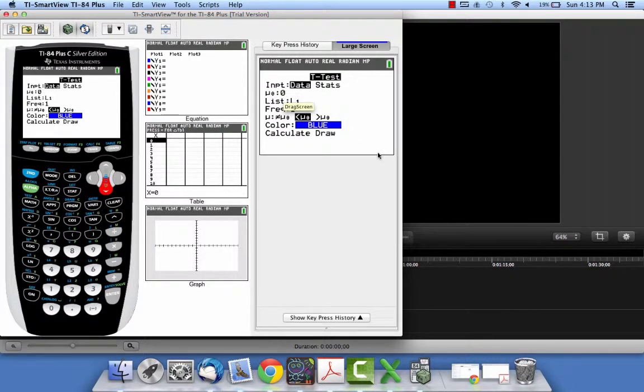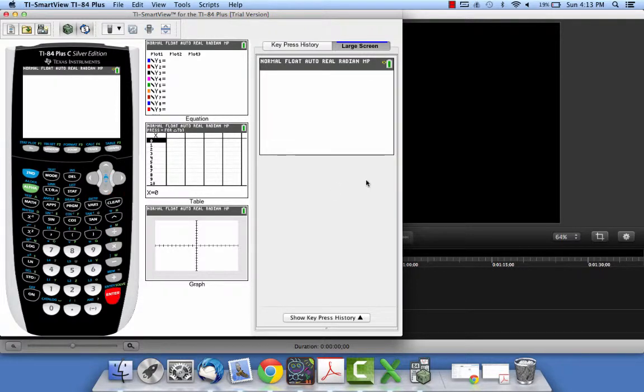So I'll say I'm comparing it to 4. And we'll do list 1, it's fine. And it was bigger than, so I'll do bigger than. Calculate. Okay, T is 2.5, P is 0.01. So this one I would actually reject the null.